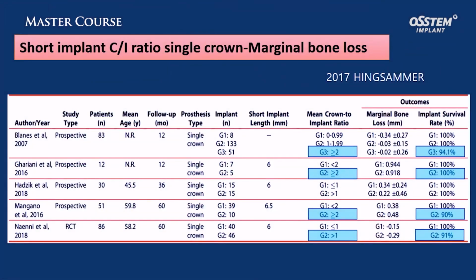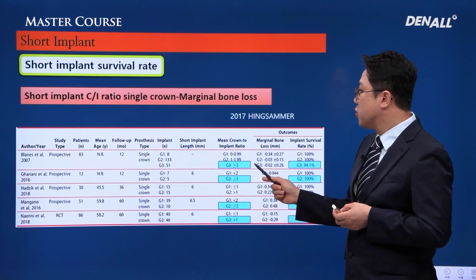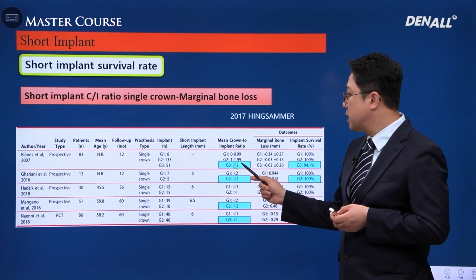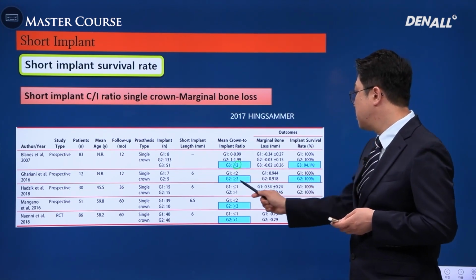There may be some areas of concern due to short implant to crown ratio. If the crown is excessively big compared to the implant, it may be a problem. If you look at the studies, in general, if the implant to crown ratio does not exceed 2, the success rates appear to be high.